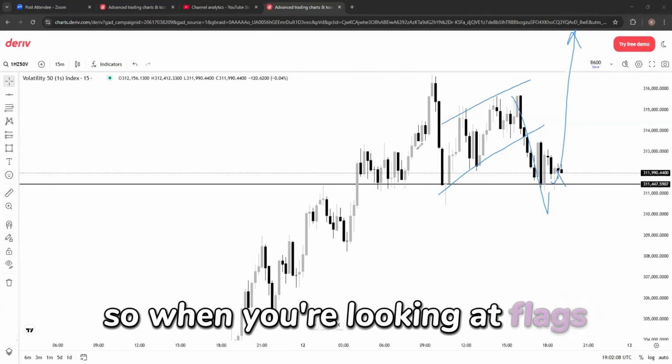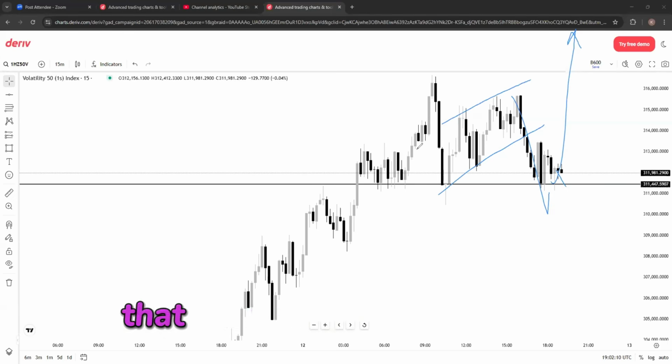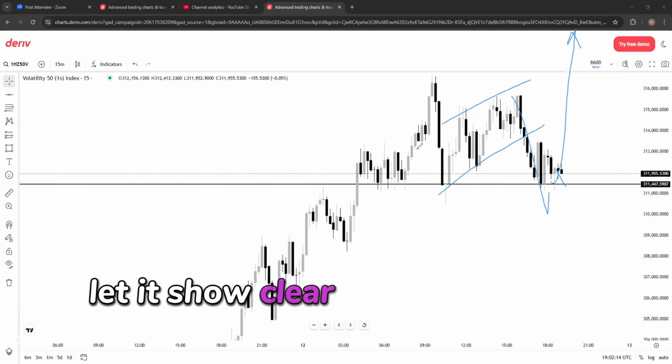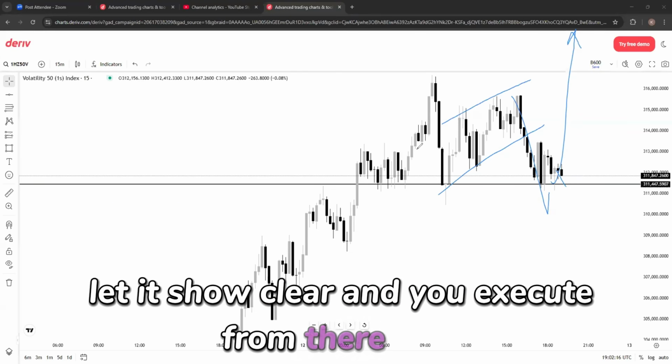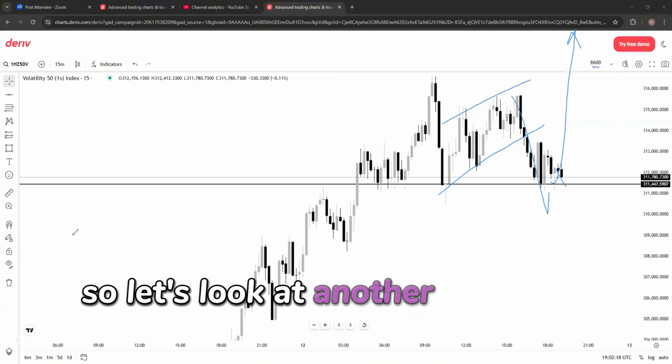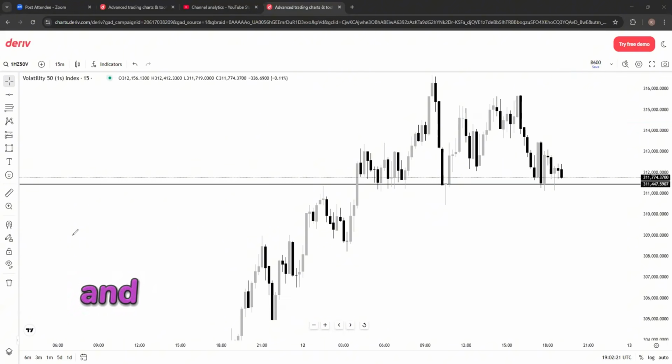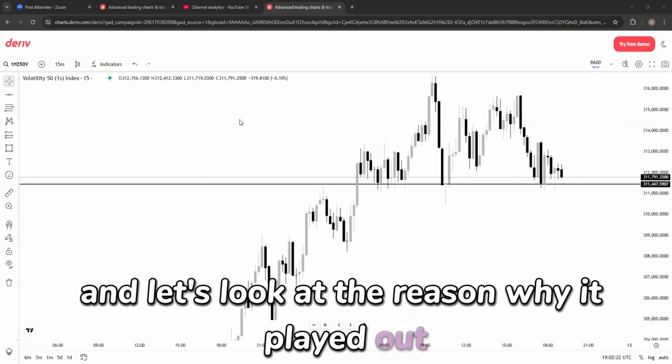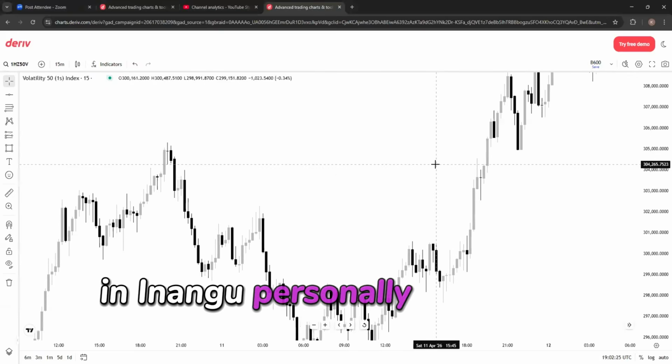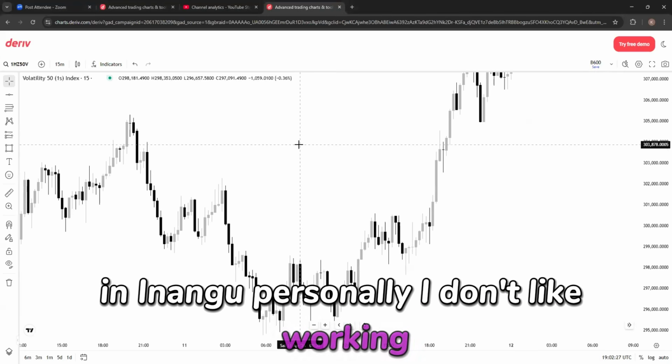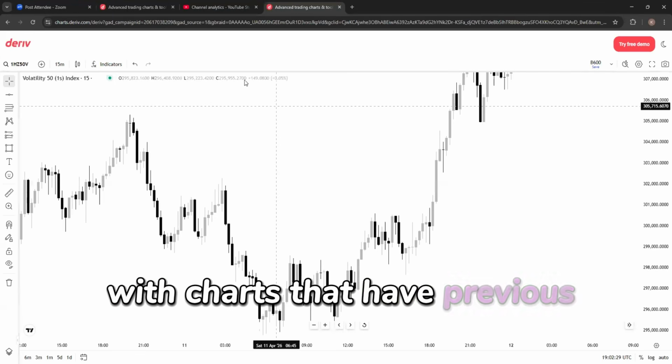So when you're looking at flags, don't look at them at an angle that confuses you as a trader. Let it show clear and you execute from there, right? So let's look at another flag that's clear and let's look at the reason why it played out. Personally, I don't like working with charts that have previous data.